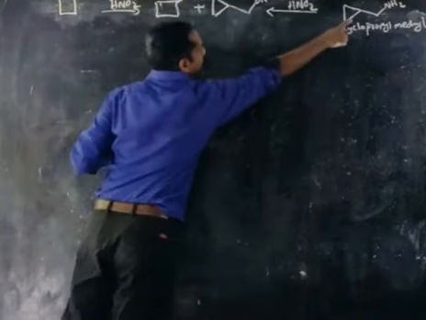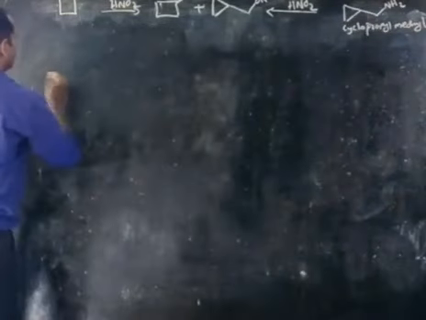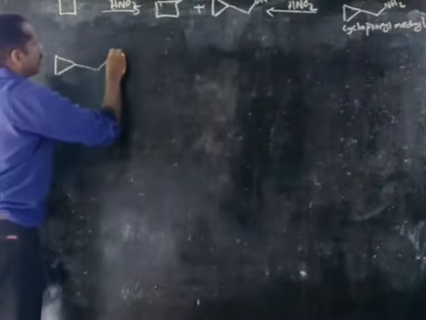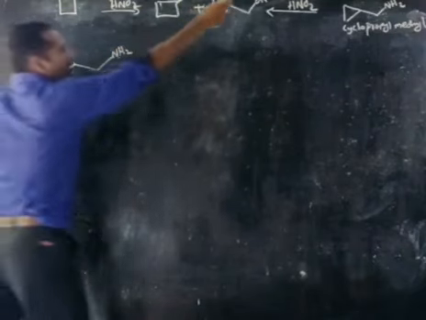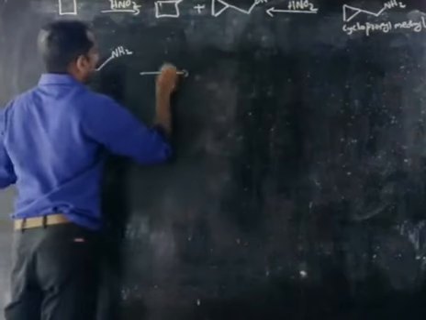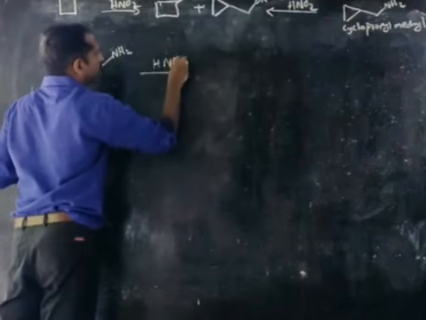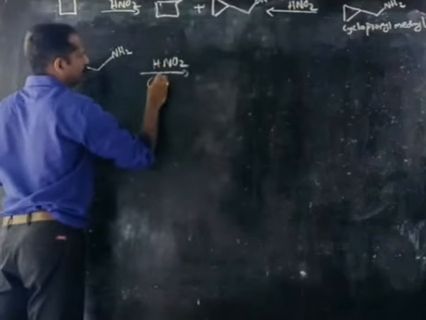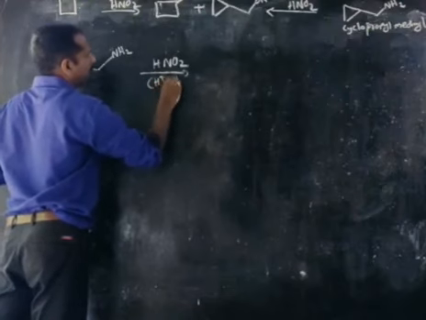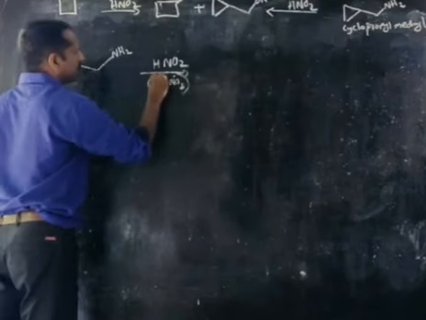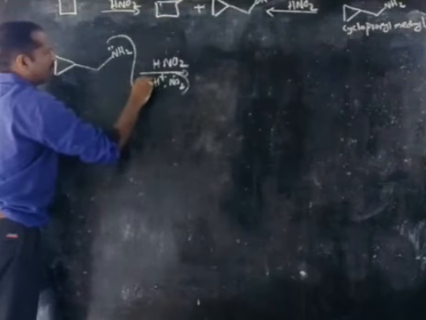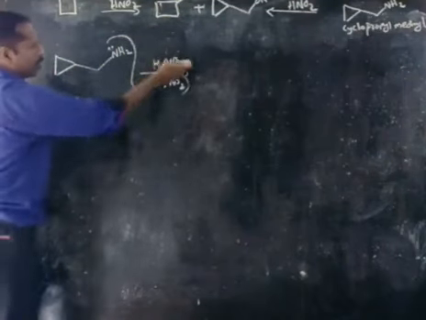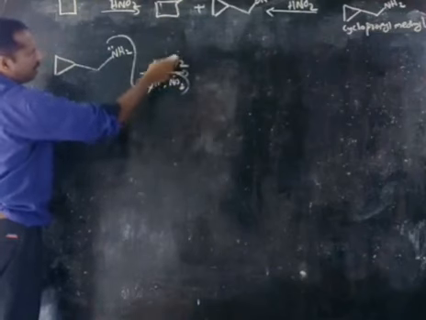And now I am coming to this one. Cyclopropyl methylamine reacting with nitrous acid, HNO2. HNO2 means what? H plus and NO2 minus. Here the reaction is very simple, and this lone pair is directly attacking this H plus. HNO2 can be written as H plus and NO2 minus.